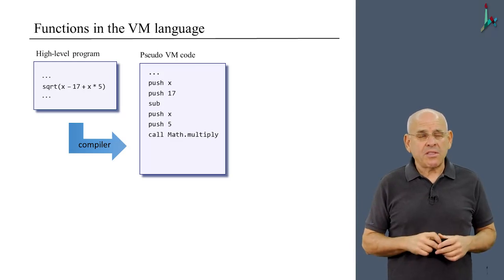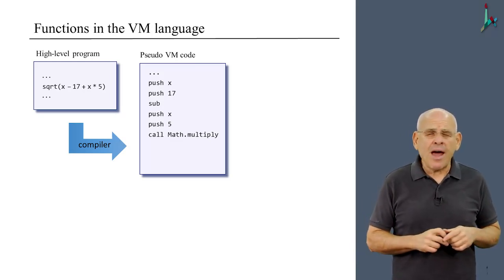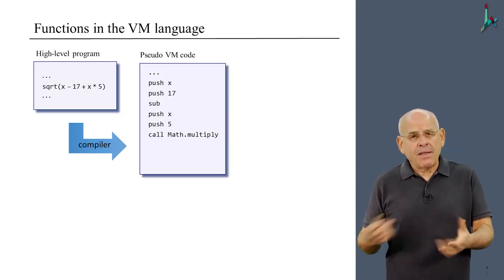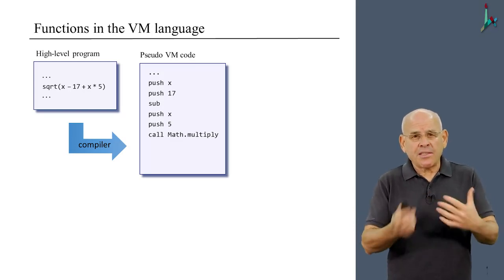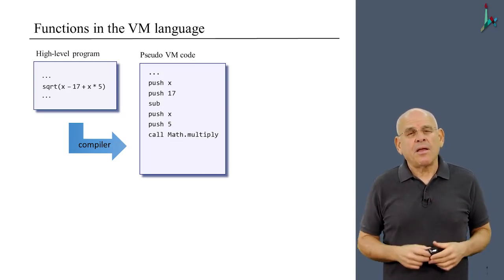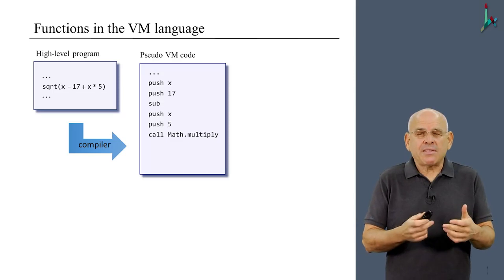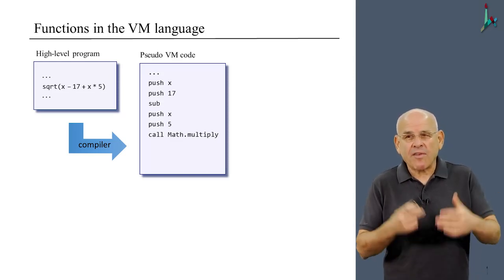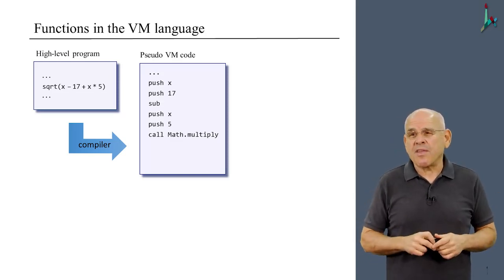So we use the services of this function. Now, multiply will operate on x and 5. It will replace x and 5 with the result of x times 5. Those are the rules of the game.